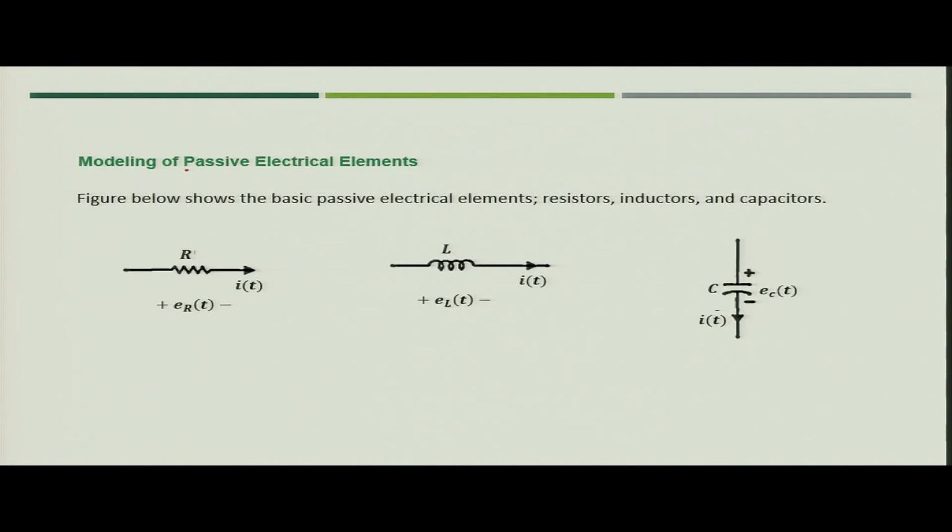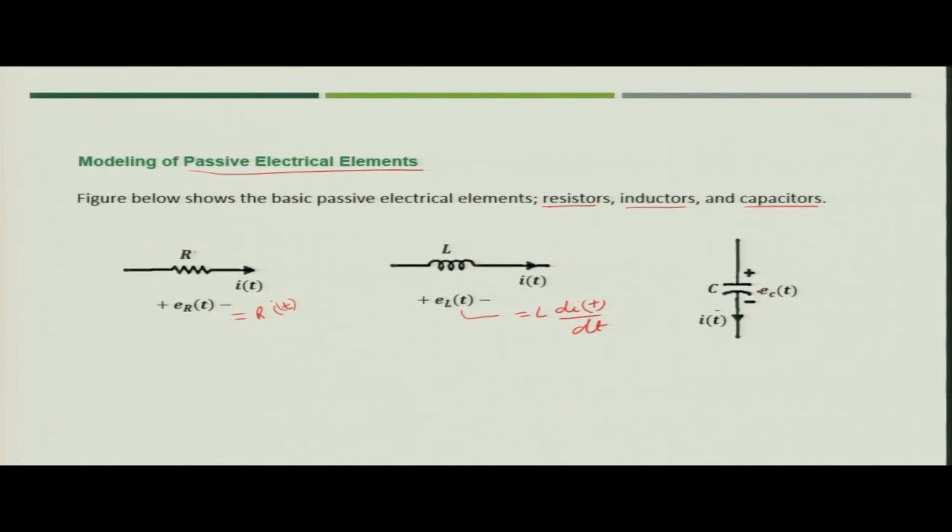So, as we have already seen in the modeling of passive electrical elements, we have discussed resistors, inductors and capacitors. The voltage drop across R, which is ER, is given by R into I at any time t. Similarly, for the inductor, the voltage drop across L, that is EL, can be given by L di by dt.